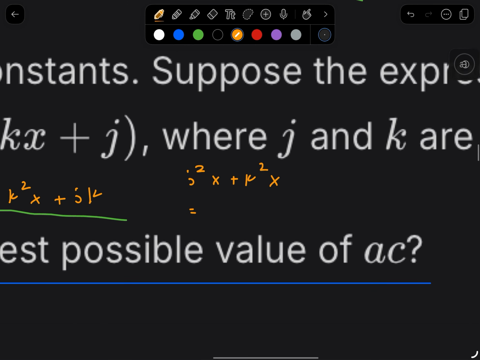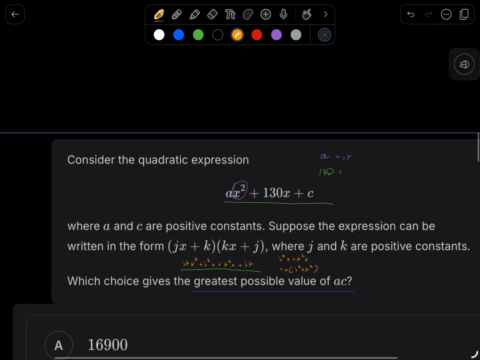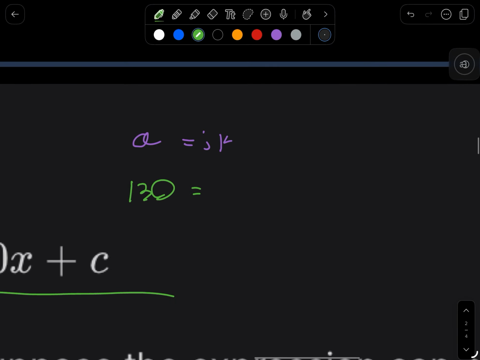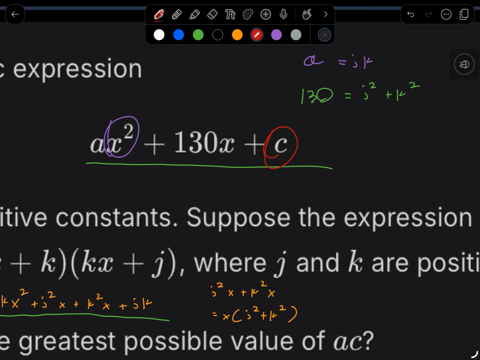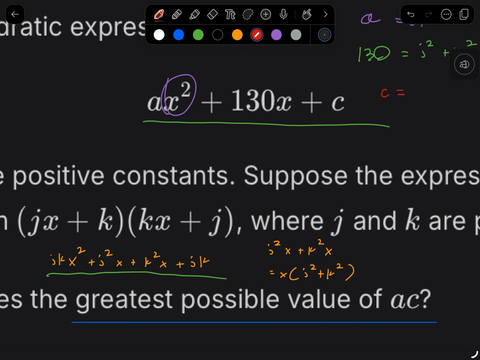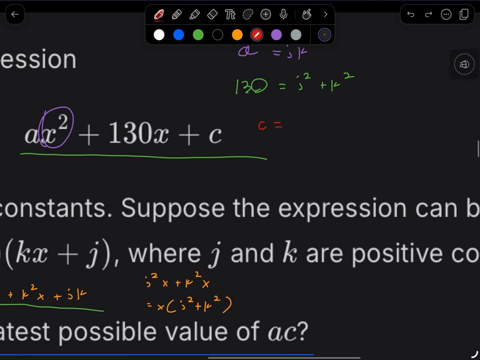If you factor the x out, this becomes j squared plus k squared. So therefore, 130 equals j squared plus k squared. And finally, that constant term, c, here it's just equal to jk. So you set those equal to each other.